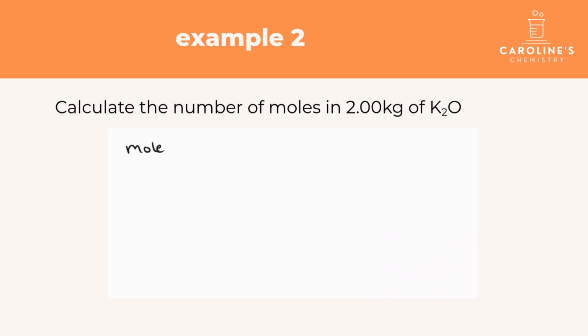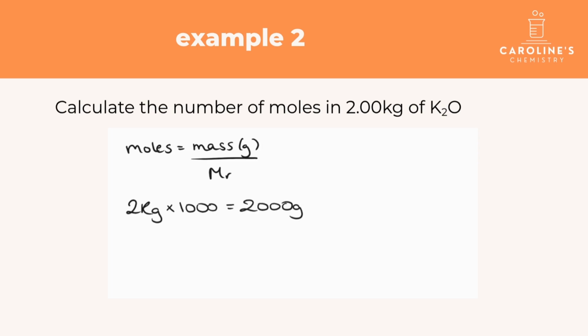Starting with the same rearranged equation here, moles is still equal to mass in grams divided by the MR. We have a little bit more to do here because our mass was actually given as 2 kilograms. There are 1,000 grams in a kilogram. So to convert that into grams, I'm timesing by 1,000, that gives us 2,000.